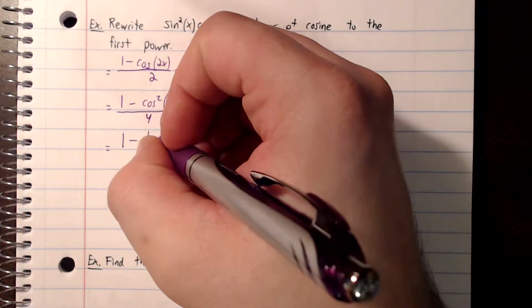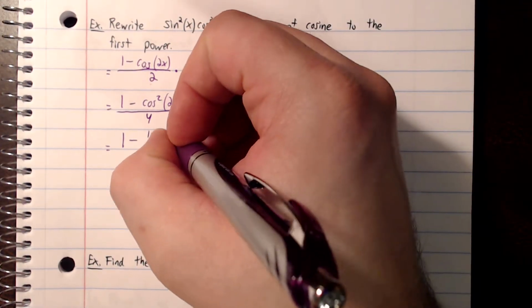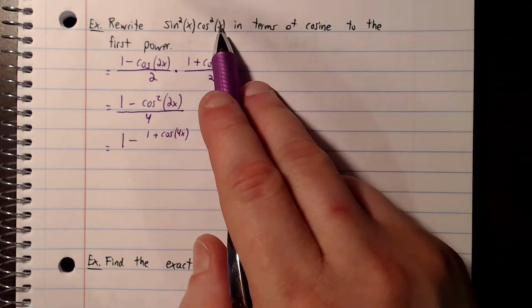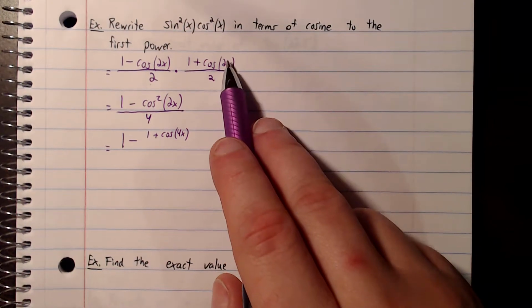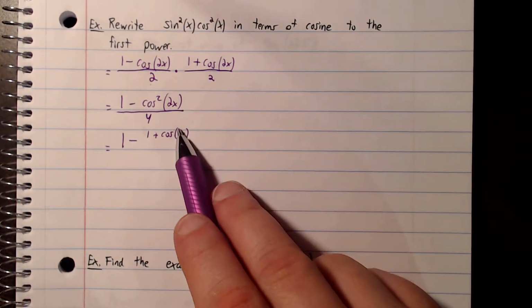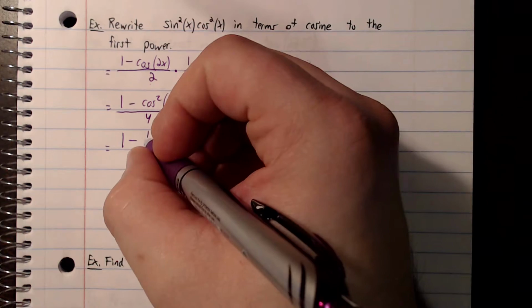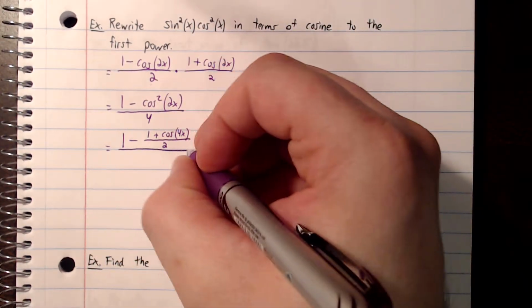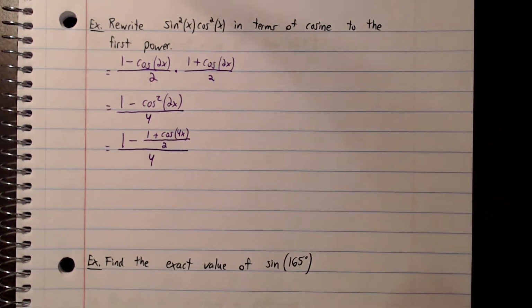So this time we have 1 plus cosine of 4x. Remember, we doubled when we went from here to here. So now we're going to have to double going from here to here. Okay, that's why that became a 4. And we're over 2. And this whole thing is over 4.